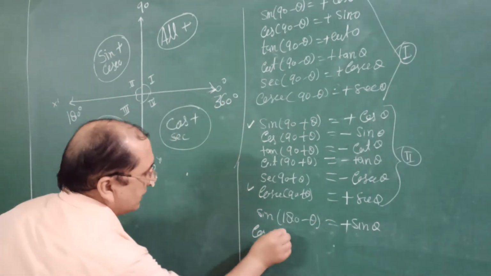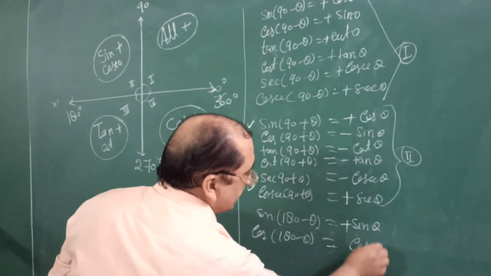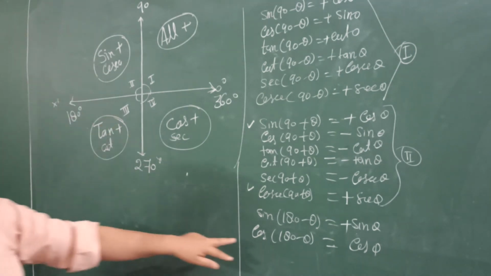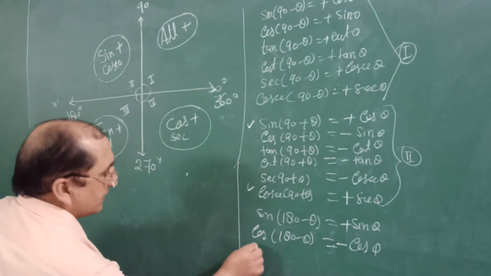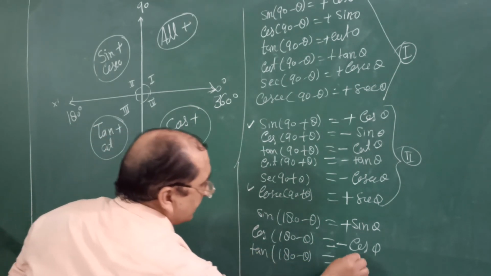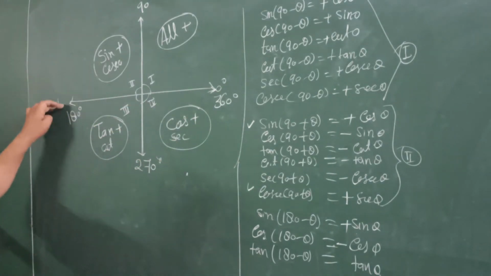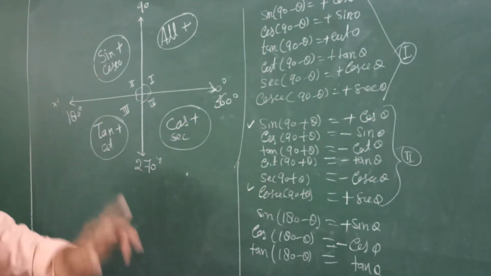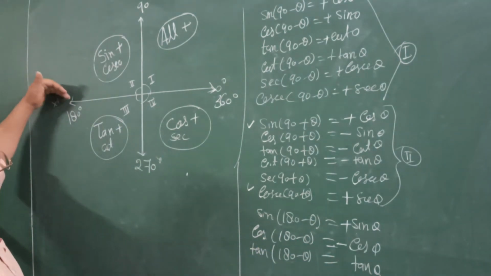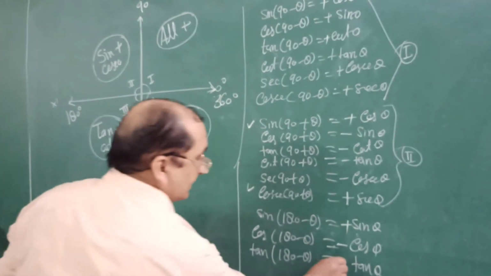Cos 180 minus theta. Cos means cos will come, but we know that in the second quadrant the cos value is negative, so it will become negative. Then tan 180 minus theta means tan theta will come. I already told you that at these two points the trigonometric value will not change. So tan will come, but 180 minus theta means the second quadrant, so it will come negative.